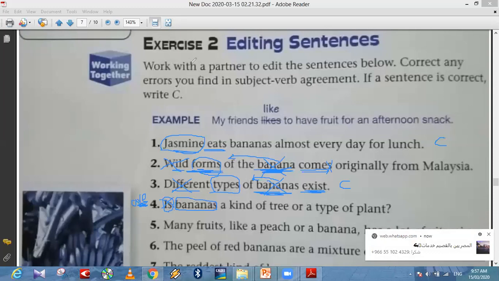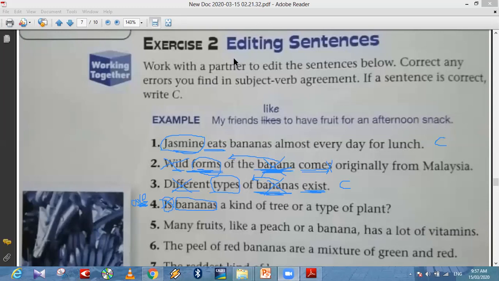Many fruits like a peach or banana has a lot of vitamins. The simple subject is fruits. And the verb is, instead of has, it is have. Yes, that's right. Many fruits: here, this is an adjective, and the simple subject is the word fruits.